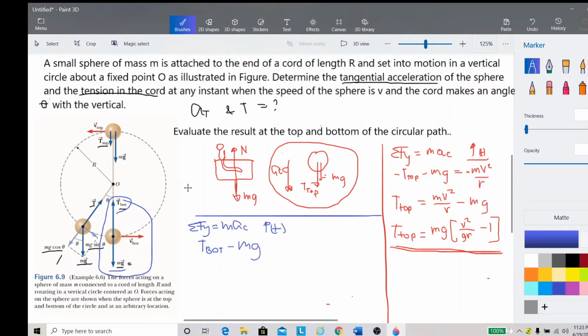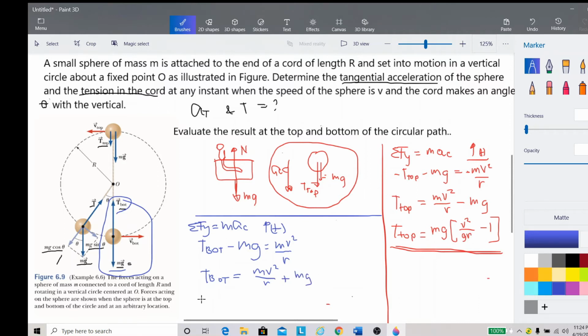So in this case, acceleration is going upward, therefore MAC is equal to positive MAC, but what is AC? v squared over R. v squared over R. So the T at the bottom, we transpose that to the other side. T at the bottom will be equal to mv squared over r plus mg.